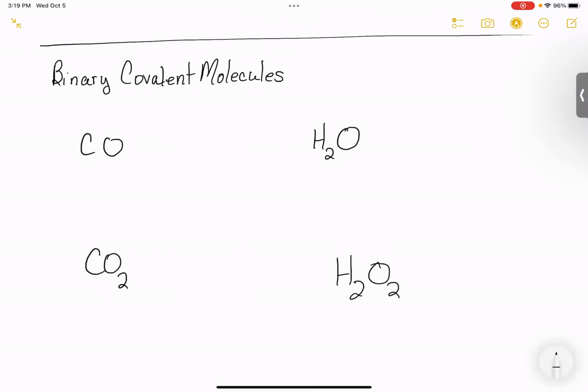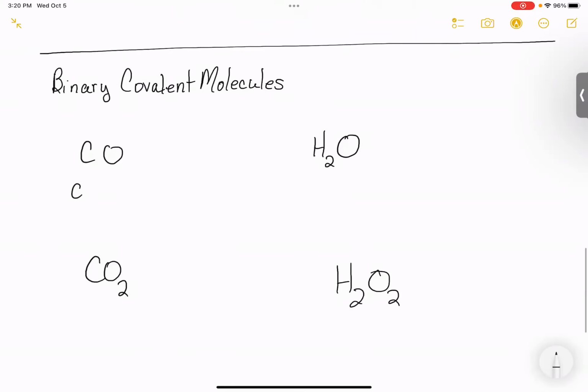So I cannot do what I did with ionic compounds. If I was playing around with an ionic compound, I would have called this carbon oxide. But I would have also called this carbon oxide, because when I played around with the ionic compounds, the first element got its name and the second element got an ending IDE.